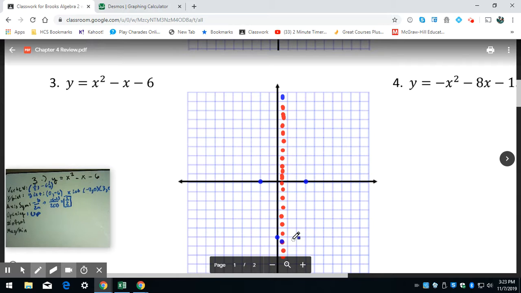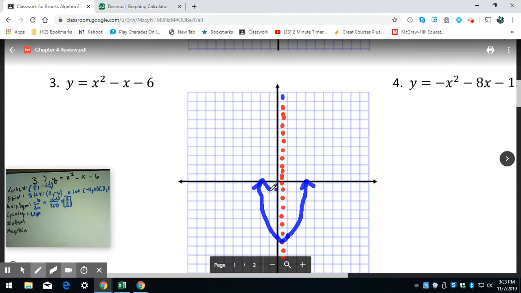All right. And so I'm just going to go ahead and dot right here on the other side. You kind of get the idea of how this is going to open up this way. I guess I could try to graph this. It's not going to be really good. Okay. All right.